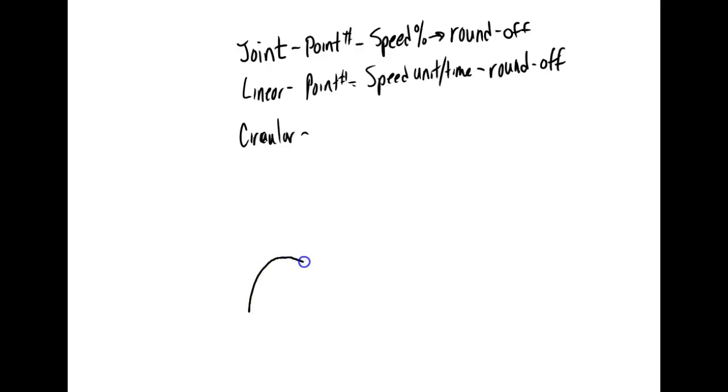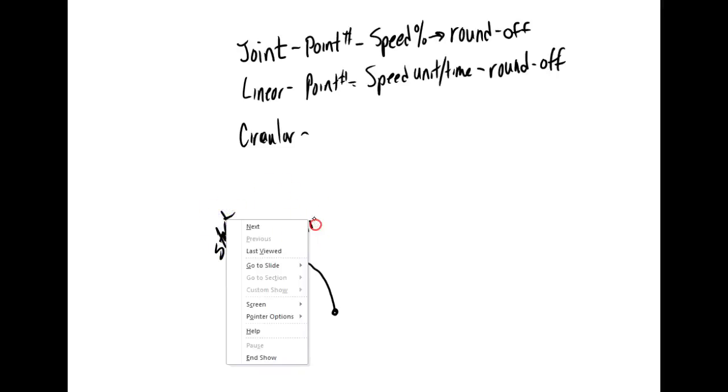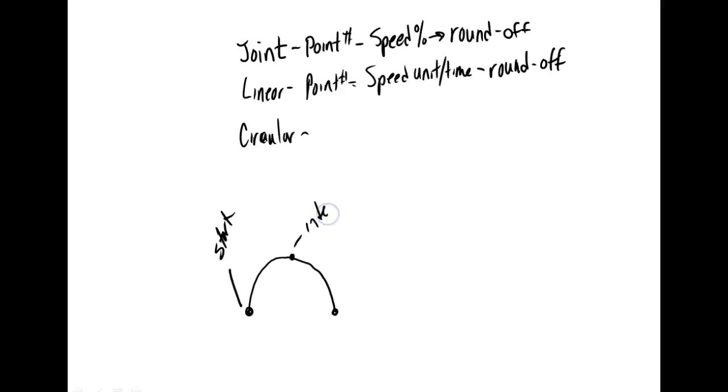It's actually a move in an arc, and it's going to require 3 points. We're going to have a start point, an intermediate point, and then an end point. So you're going to have to teach 3 points to do a circular move. Everybody understand that?